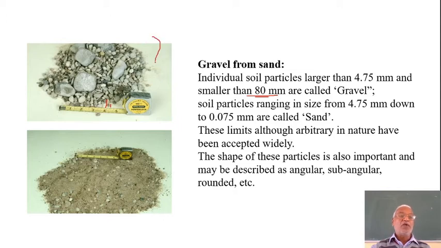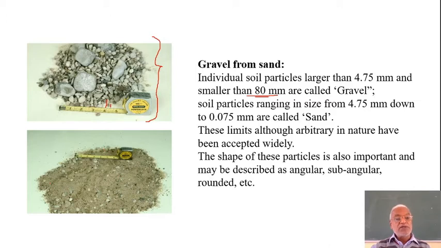So just by looking at the soil particles, one can readily recognize whether it is gravel or sand. Now, the photograph below has particles, almost all of them, leaving one or two here and there, less than 4.75 mm. Moreover, it will be grainy in texture, meaning you can hold it in hand and feel the soil grains.